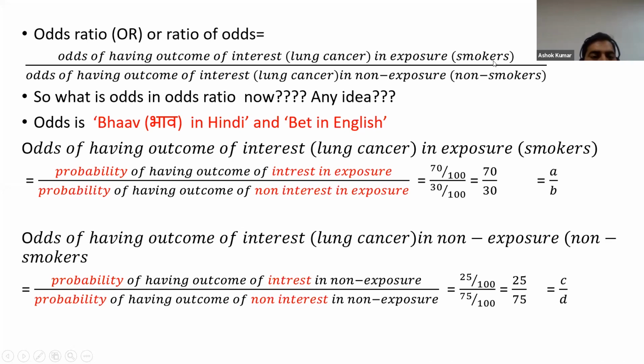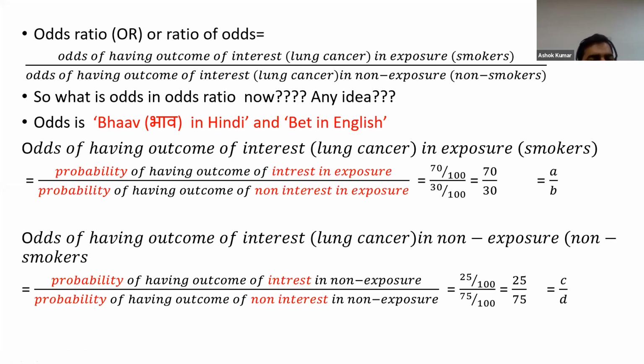So we can say odds of having lung cancer in smokers divided by odds of having lung cancer in non-smokers.